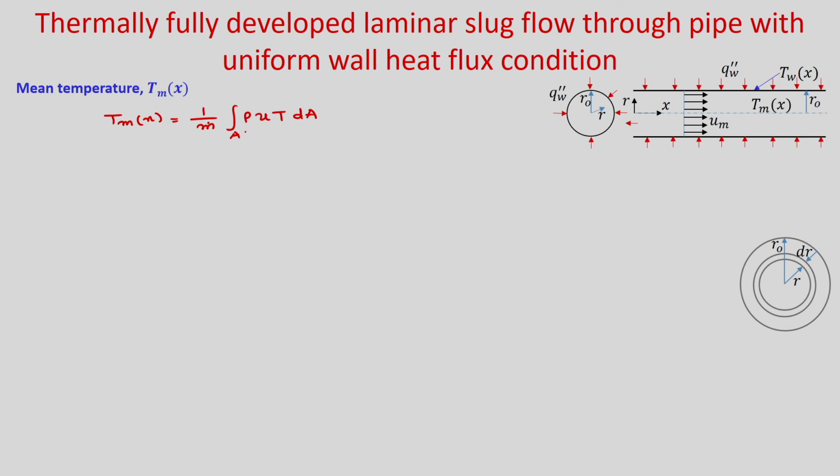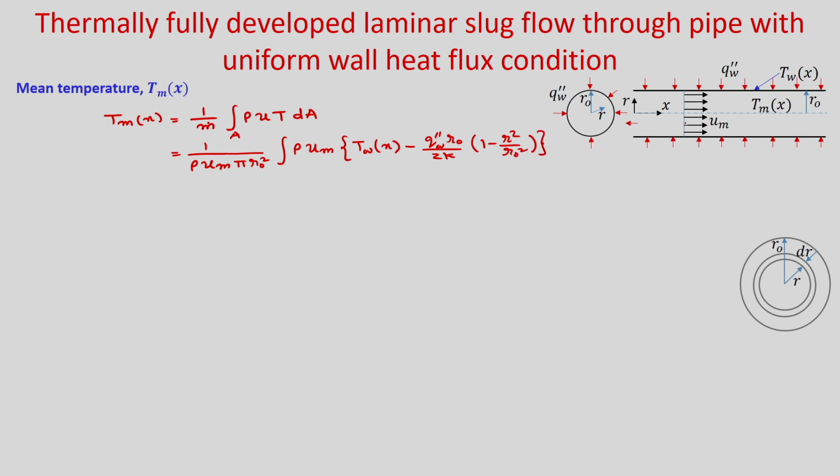Now, what is m dot? m dot is rho um times the flow area, which is pi r naught square, and rho u is constant for slug flow, so it is um. And what is the temperature distribution? You wrote it as Tw minus q″w r naught by twice k, 1 minus r square by r naught square.